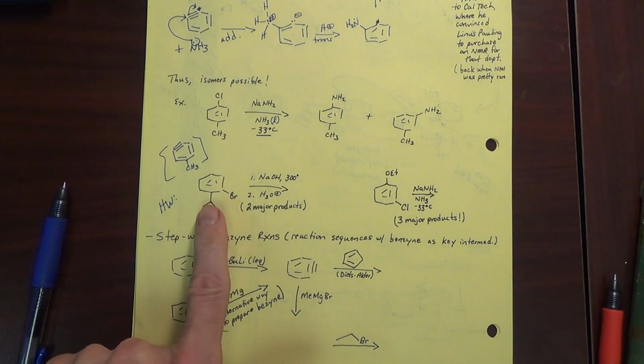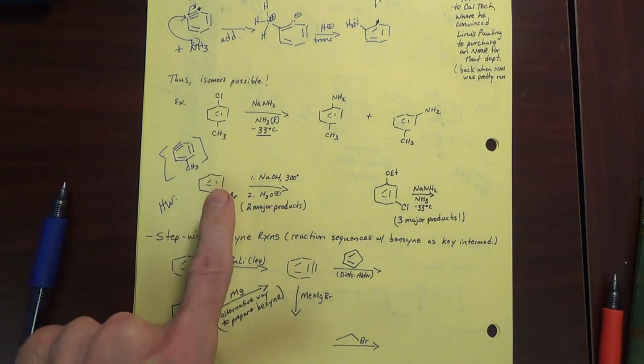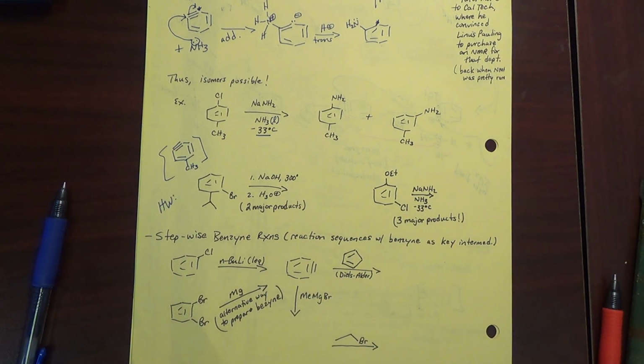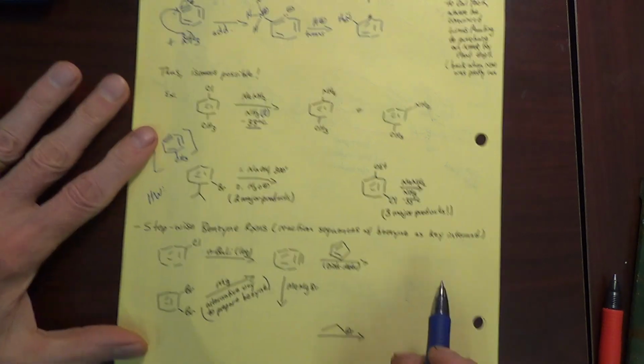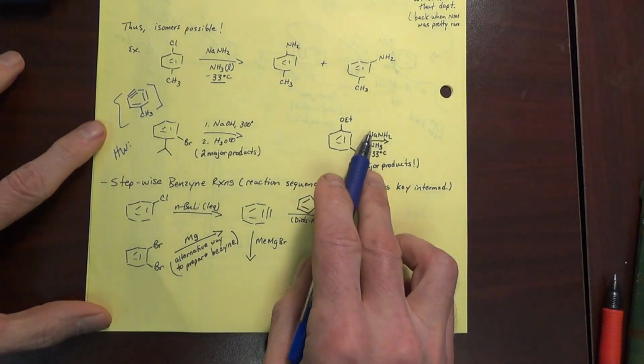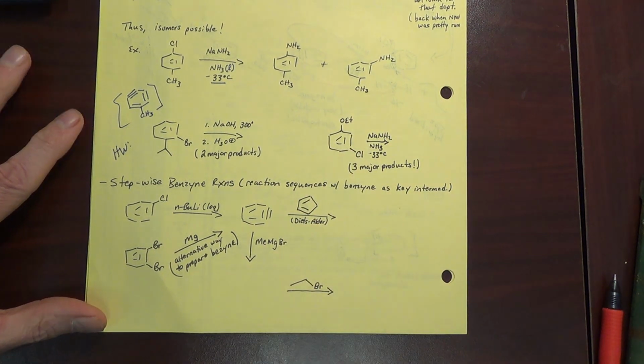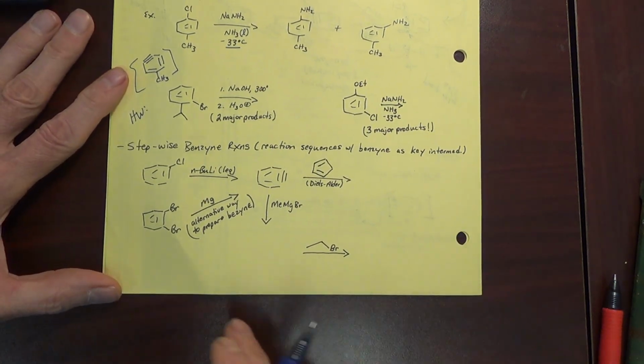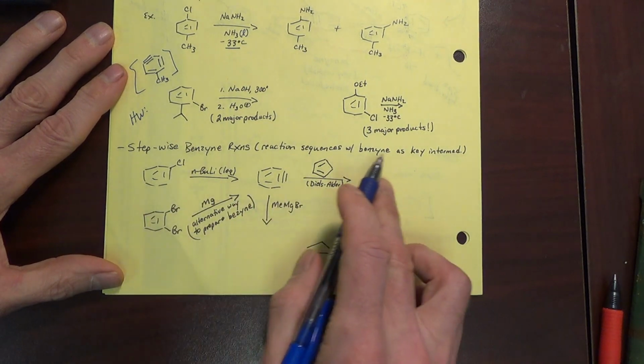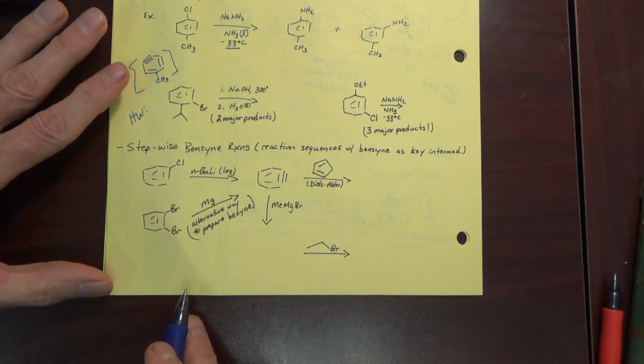Or here, only one benzyne, but in this case, two different benzynes. Please show them both and then see how you get three different major products there. Okay, let's end with some stepwise benzyne reactions.